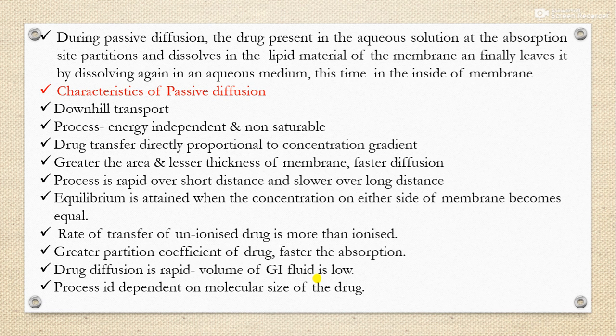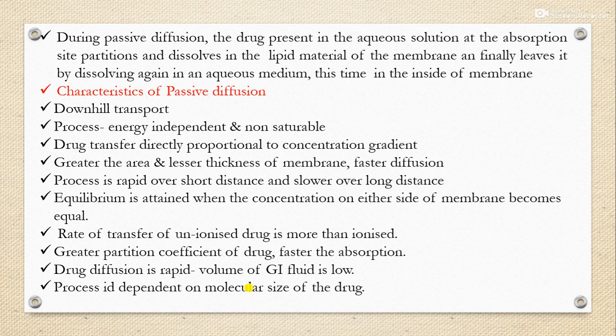And the process is dependent to a lesser extent on the square root of molecular size of the drug. The drugs having molecular weights between 100 to 400 daltons are effectively absorbed by passive diffusion.